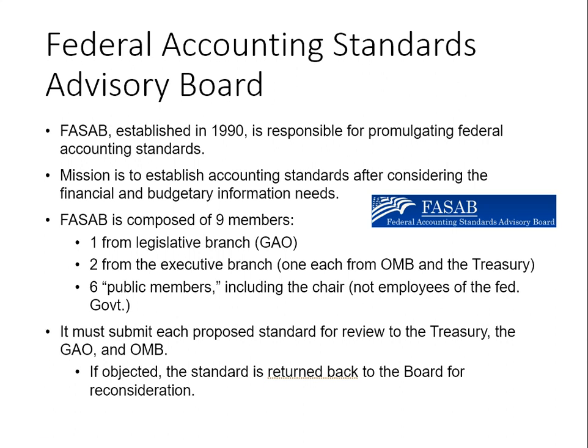So although the board is issuing accounting standards, it is titled advisory because it must submit each proposed standard for review to the Treasury, the GAO, and OMB. Eventually, it is the three agencies who are finalizing the accounting standards for the federal government. So if the proposal is objected to, the standard is returned to the board for reconsideration.